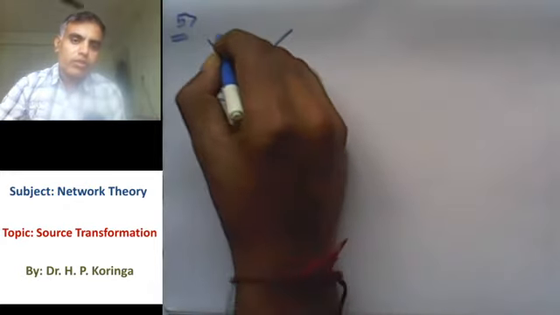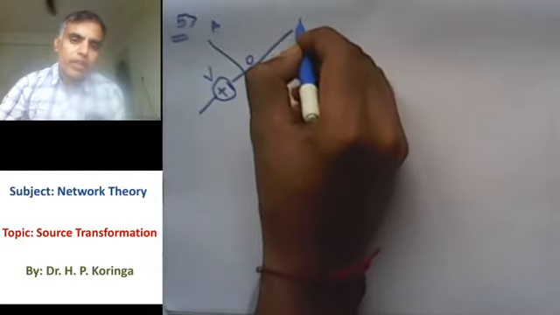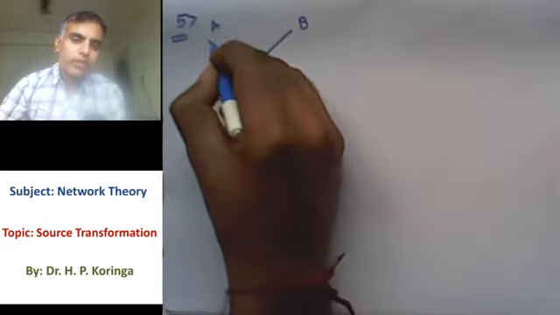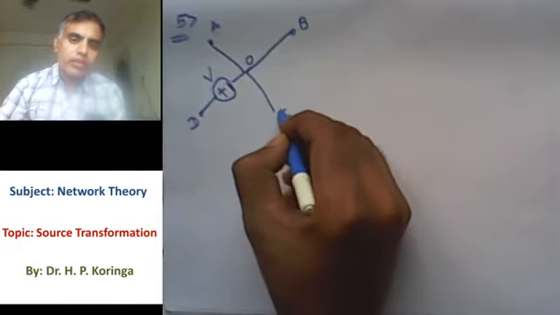Suppose this node is the origin, and here are nodes A, B, C and D, right?